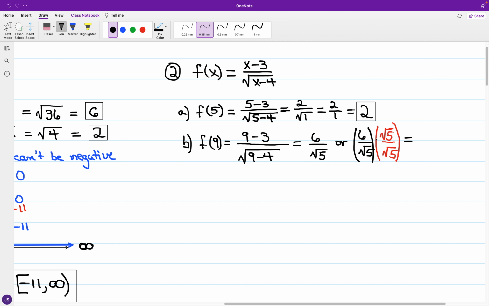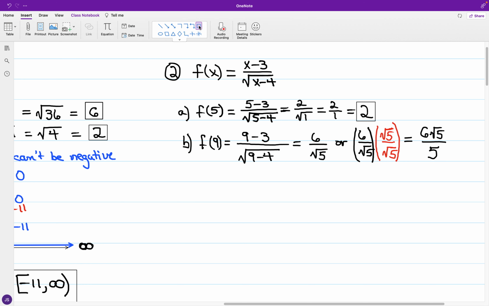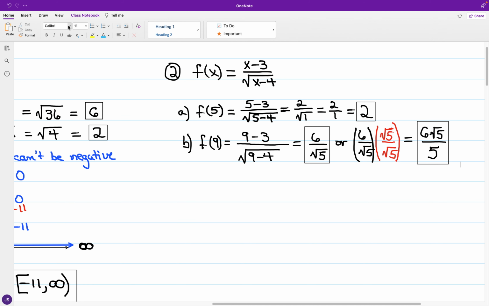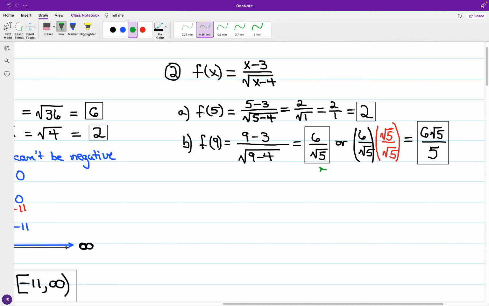So in this case, I have 6 times the square root of 5, and the square root of 5 times itself is the square root of 25, which lowers to 5. So you can express the answer in either of two ways. Either display is fine.